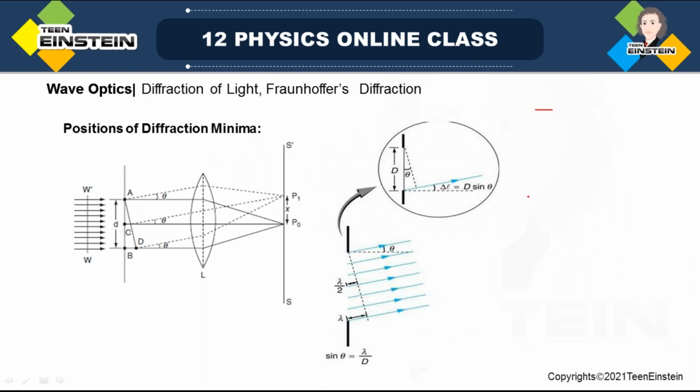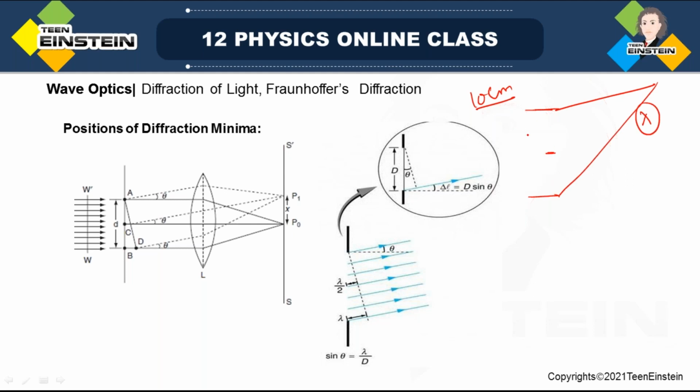Suppose I have a slit of 10 centimeter. I just break it into equal parts. When light goes from this 10 centimeter slit, you get lambda path difference.